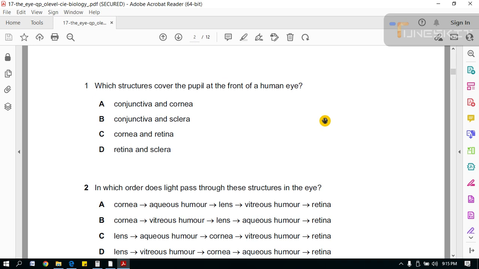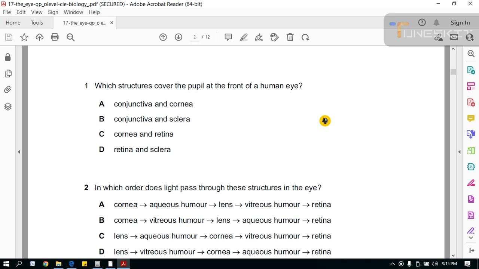Just after these two structures there is a pupil. Pupil is actually a hole which is present between the two iris muscles, and its function is to control the intensity of light.